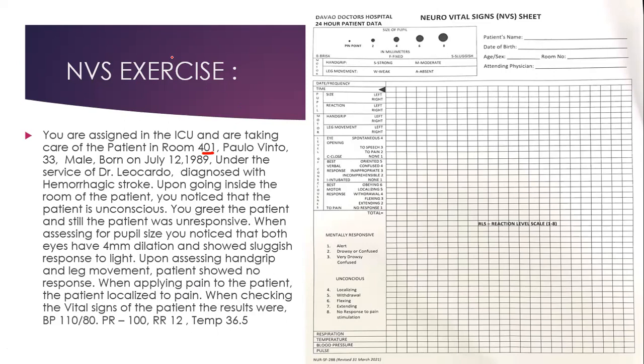Alright, so anong uunahin natin? Type kung ano yung uunahin natin. Type, anong uunahin? It's your headings. Headings yung una. No? So, patient's name, we have yours, Paulo Vinto, date of birth, you have your July 12, 1989. 33 years old, male, room 401, under the service of Dr. Leo Cardo.